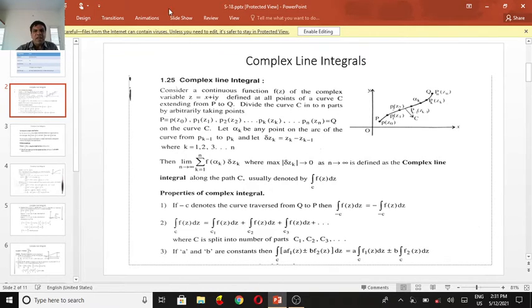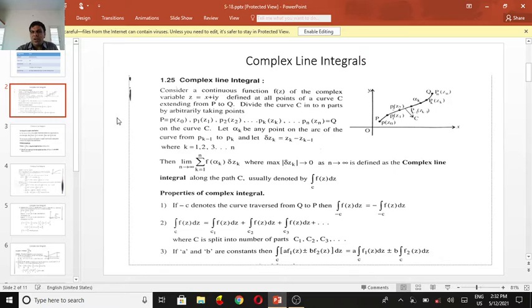Now consider a continuous function f of z of a complex variable z equal to x plus iy, defined at all points of the curve C, extending from P to Q. Divide the curve C into n parts by arbitrarily taking points P1 of z1, P2 of z2, P3 of z3, P4 of z4, etc., Pk of zk, Pk+1 of z k plus 1.